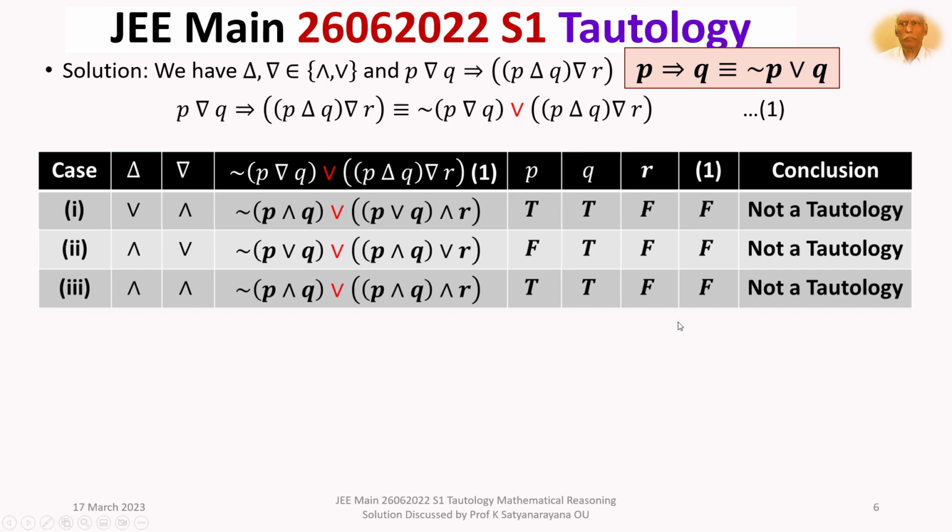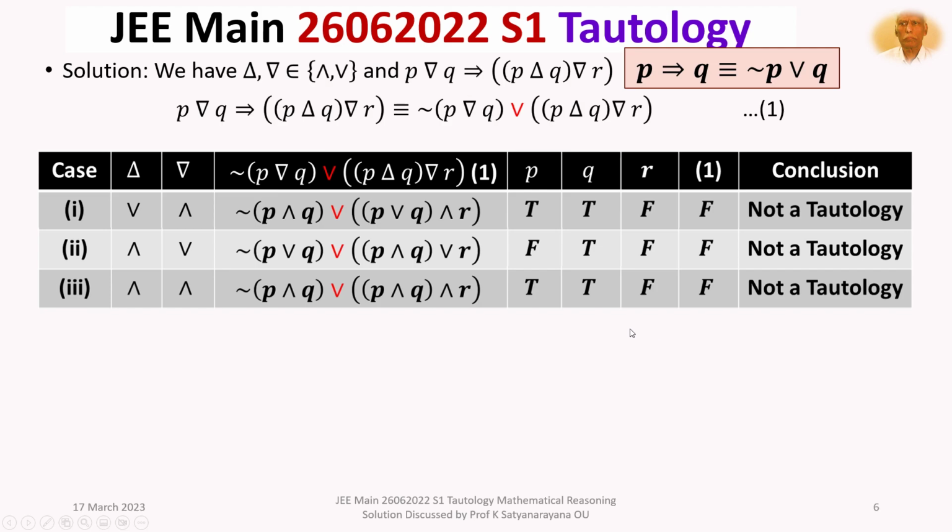What is a tautology? For all truth values of P, Q, R, it should be true. And for a particular choice of the truth values of P, Q, R, it is taking the truth value F. Therefore, it is not a tautology.